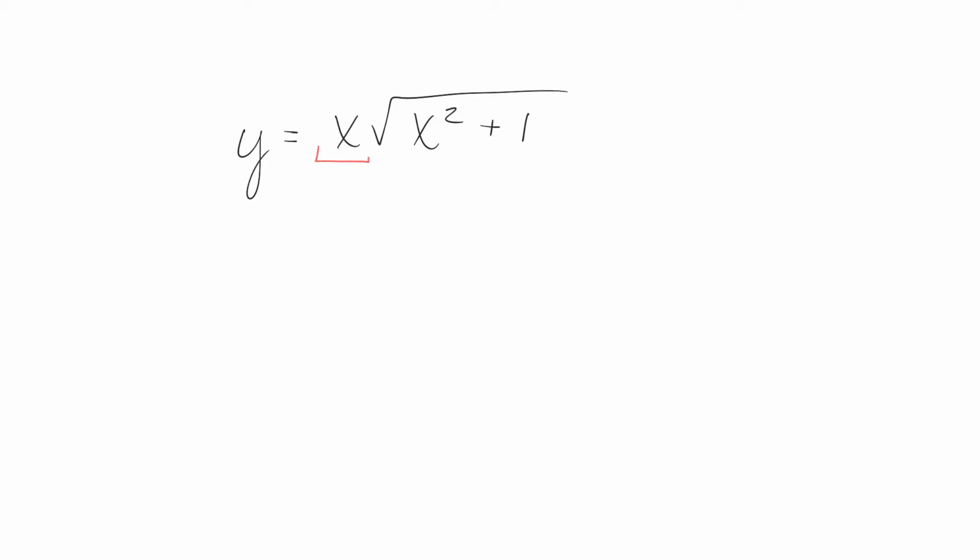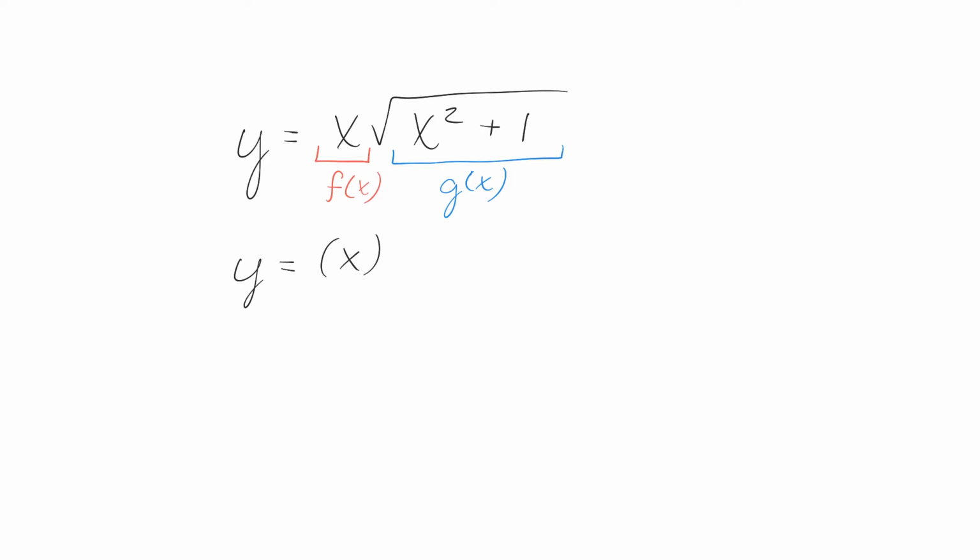So here we've got our f of x as x, and then this whole radical is going to be our g of x. So we're going to use product rule. But before we get started on this, we're going to turn this into exponent form.